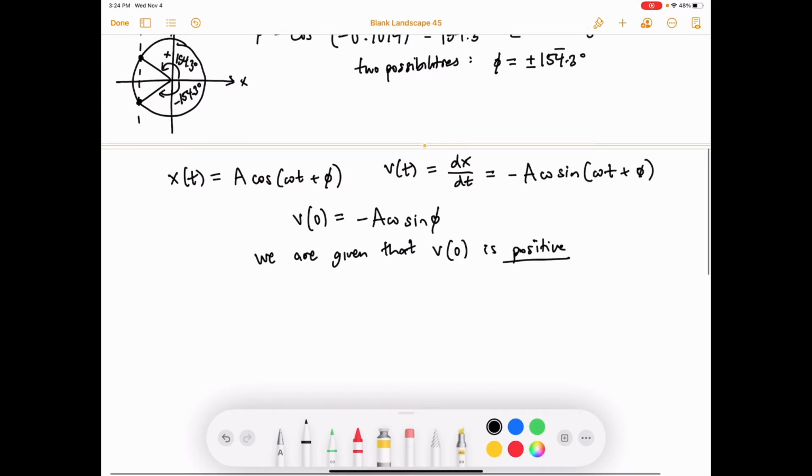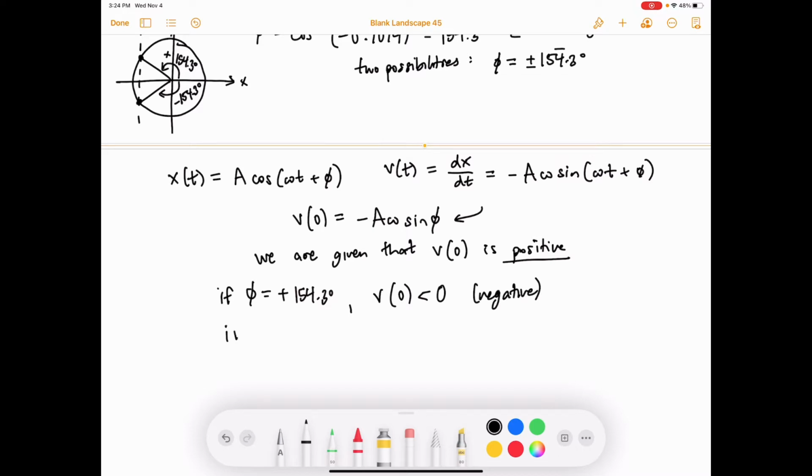But if we test out phi is equal to positive 154.3 degrees, if you actually plug that angle into this function here, sine of 154.3 degrees is positive, but there's a negative sign out front. So overall, your velocity at time 0 is going to be something negative, something less than 0.